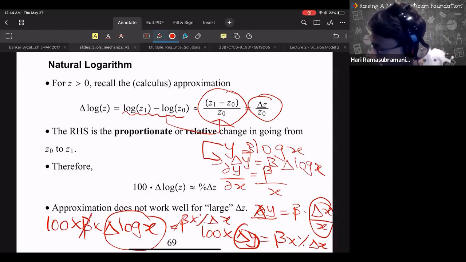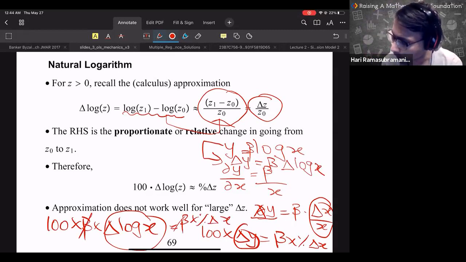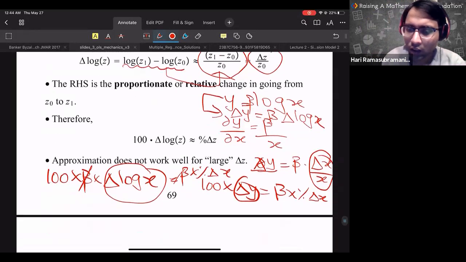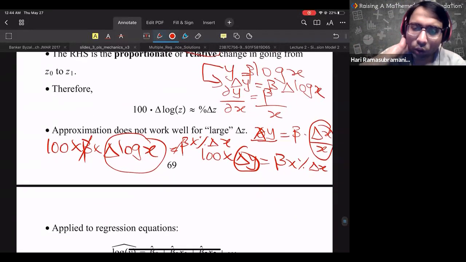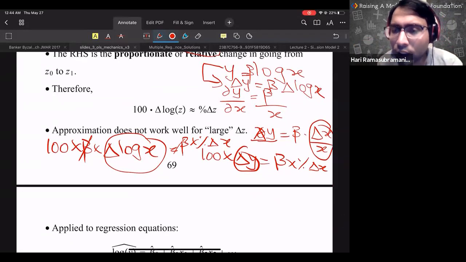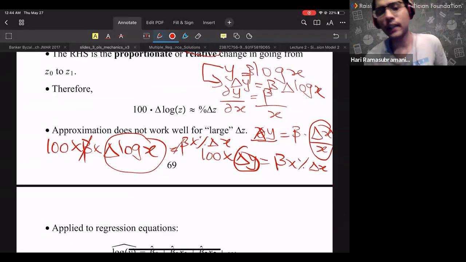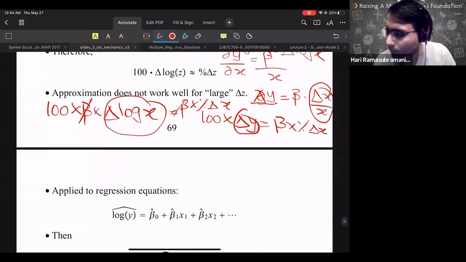So beta will cancel out and you will get 100 times the delta log x is equal to percentage change in x. Okay. So note that this will only work when the delta z is very close to 0, because for derivatives you want the change in x to be very small. In this case, because the variable used is z, the change in z should be very small.